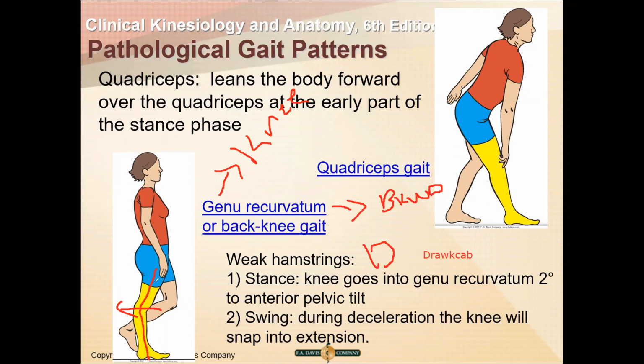And a lot of times these patients, when they go through swing phase, kind of kick the leg because the knee is so far into extension that they can't unlock it. So they'll have a little bit of a kick to unlock the knee. What's the muscle that unlocks the knee? Yes, popliteus. It's in the popliteal fold. Good.